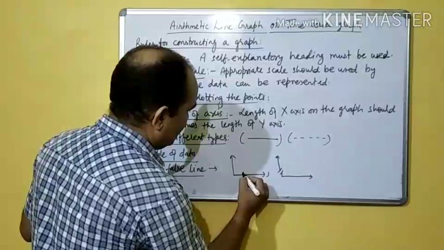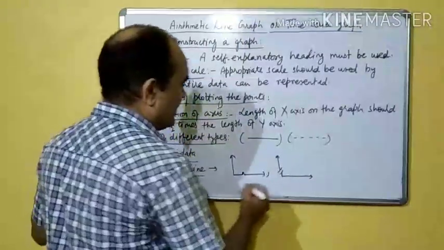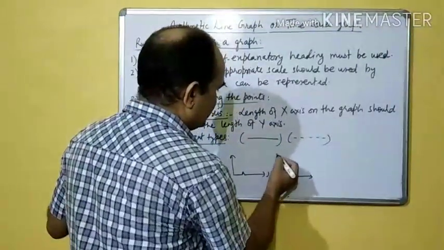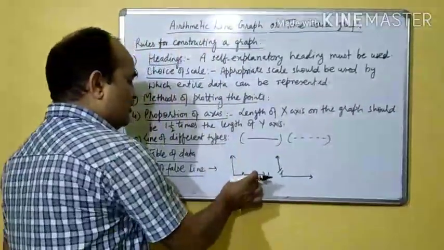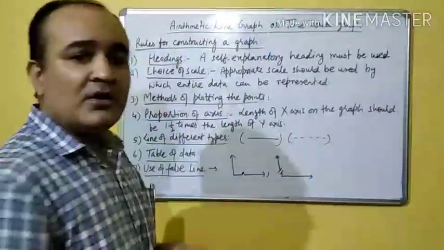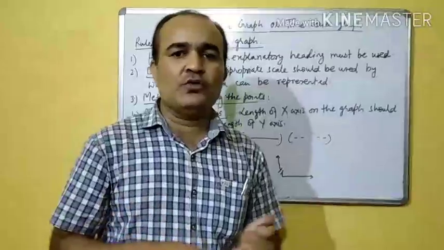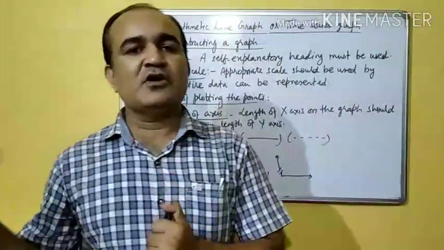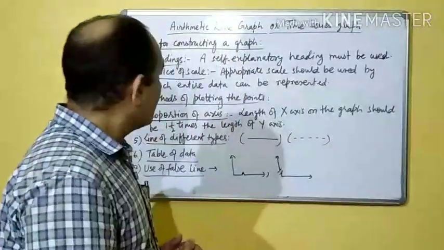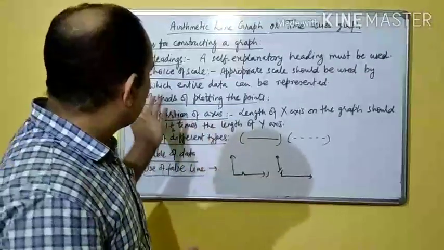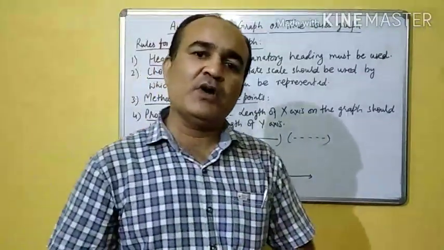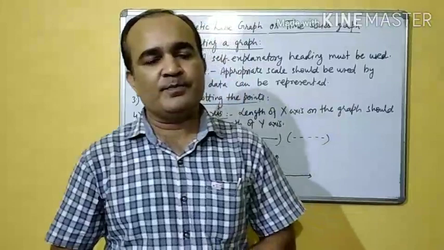I have given a tilt here and I have discontinued this y-axis. So with this representation we can show a large size of data. So these are a few rules which we have to follow while plotting a graph.